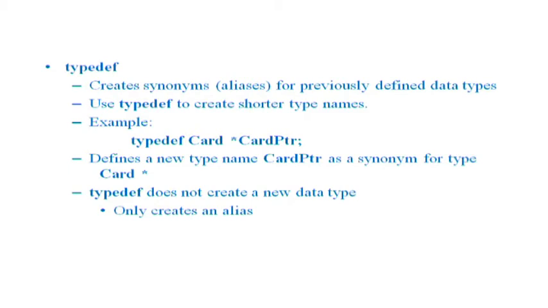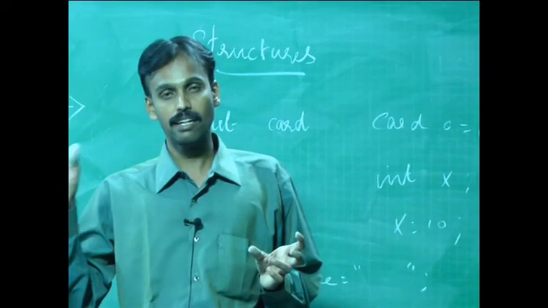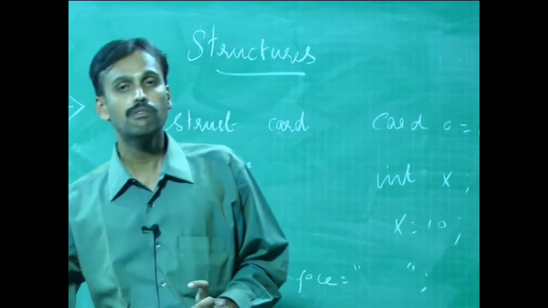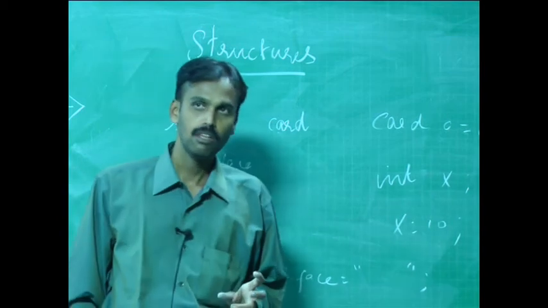So type definition does not eventually create a new data type, rather it creates aliases of something that exists by some other name. For example, if it is hard to understand something as int, you can rename it as integer. The only thing is, typedef int integer gets you an integer known by another name called integer. This is what we have as type definition.